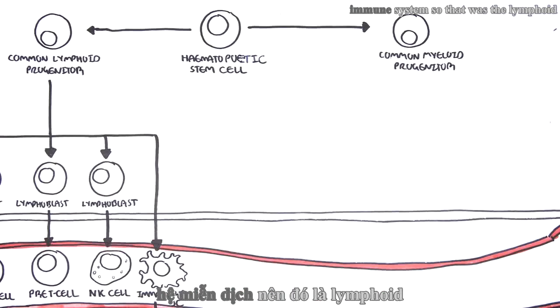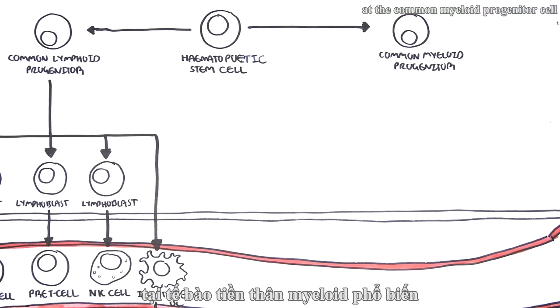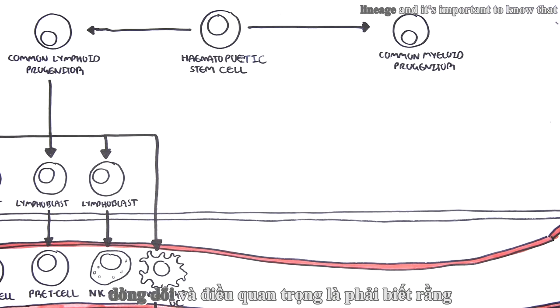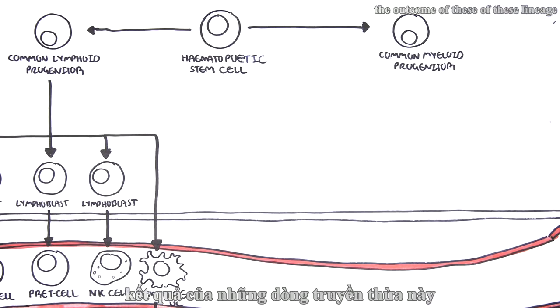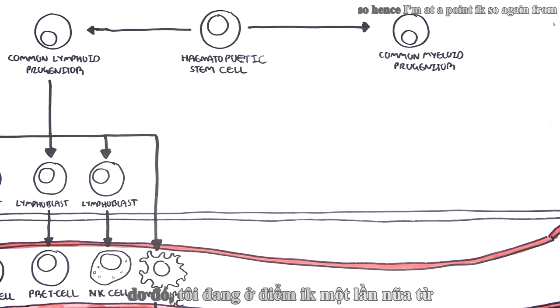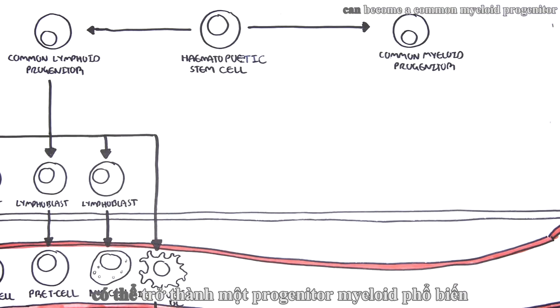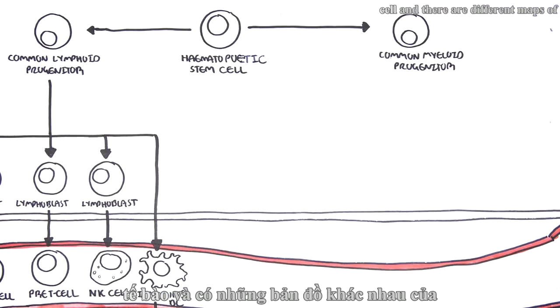So that was the lymphoid progenitor cell lineage. Now let's look at the common myeloid progenitor cell lineage. And it's important to know that the outcome of these lineages are cells that can circulate in the blood. So hence hematopoietic. So again, the hematopoietic stem cell can become a common myeloid progenitor cell.